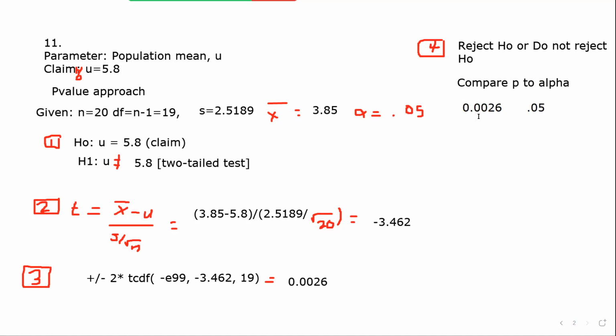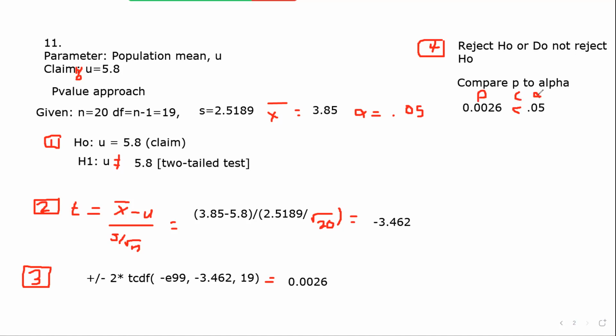Now, is your p-value smaller or larger than your alpha? The p-value is smaller. Very much so, right? Smaller than alpha. So you're going to write that. You can write p above your p-value. P is less than alpha.